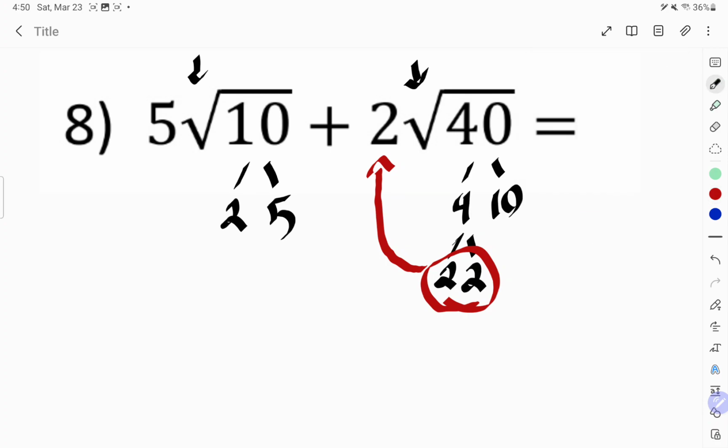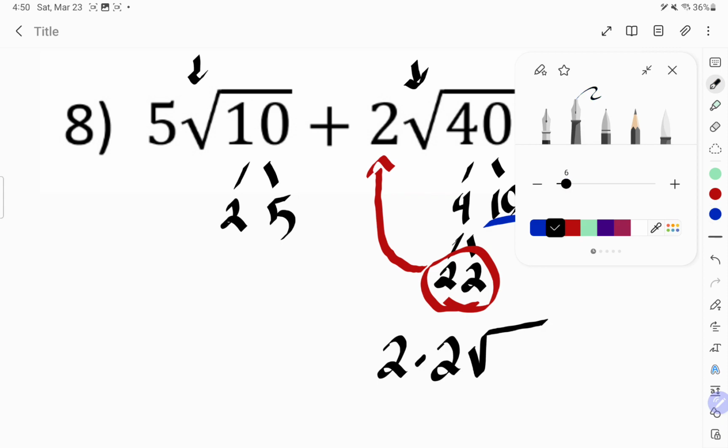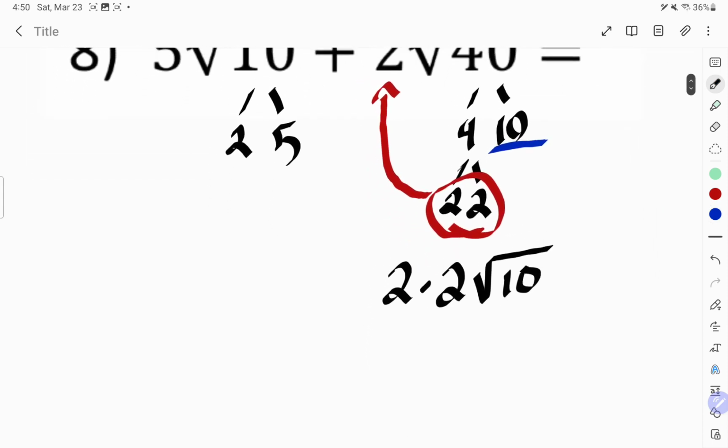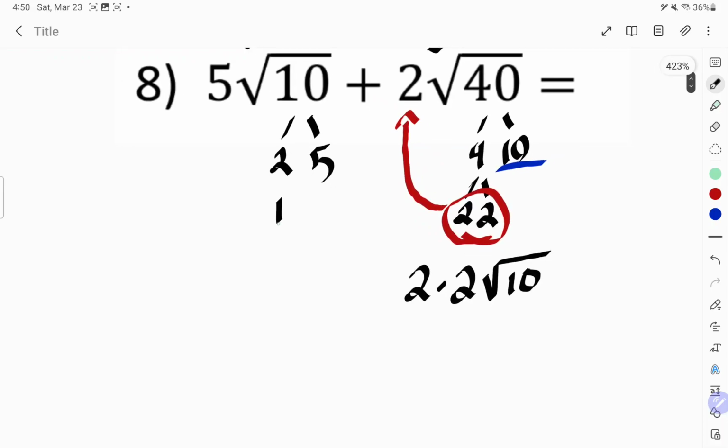In this case, I'm going to be taking out a 2, but I already had a 2 outside, so it's 2 times 2, and then the square root. If you remember what I said from the previous video, anything that doesn't have a group is going to stay inside of your radical. So 10, I'm going to leave inside. Before I add, I'm going to bring this guy down.